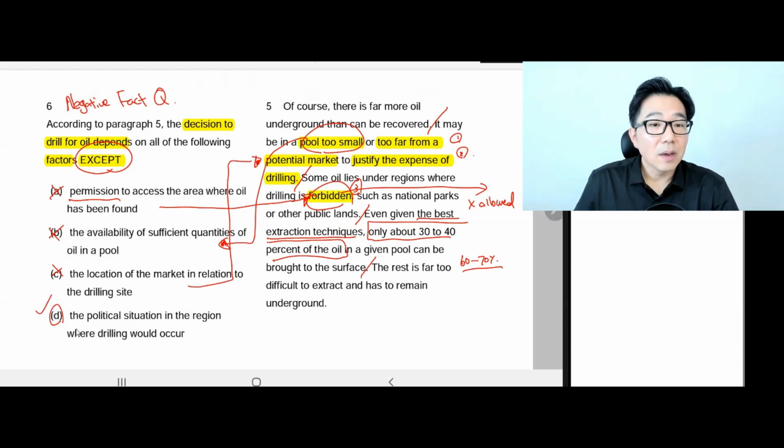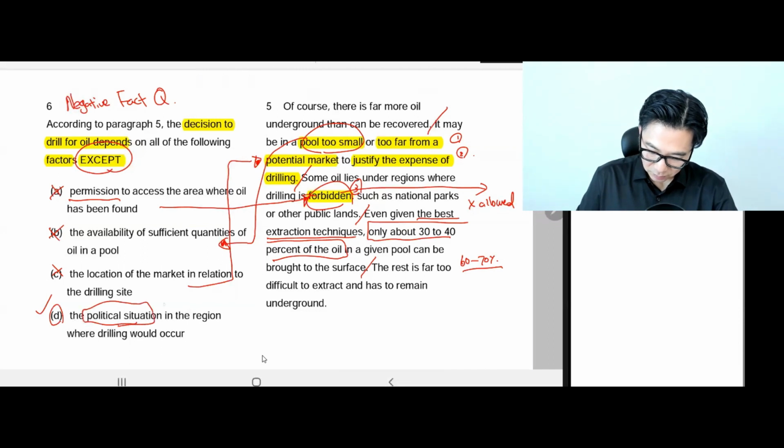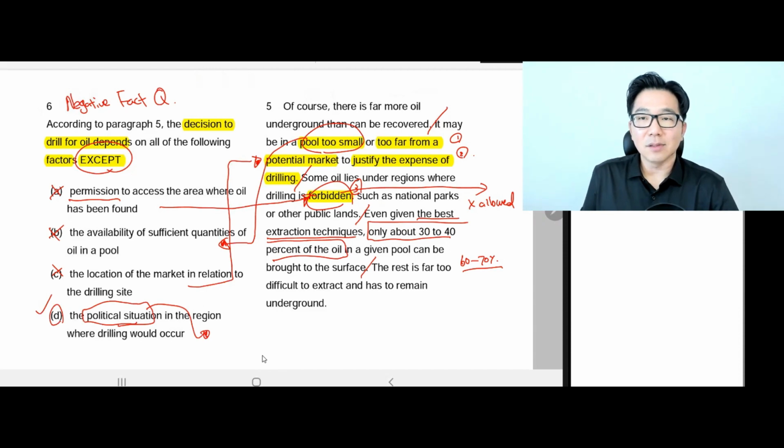Let's read it out. D, political situation in the region where drilling would occur. Not mentioned. It's just not mentioned. I'm not going to make up some content to confuse you.